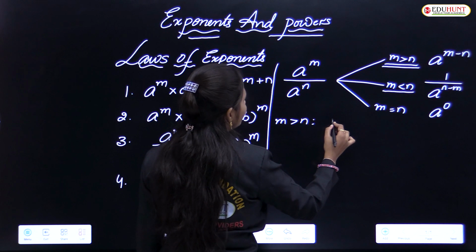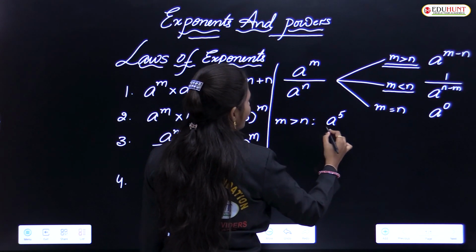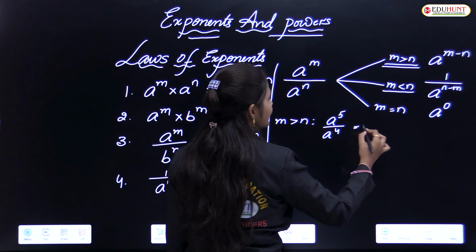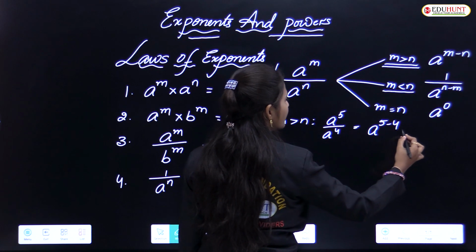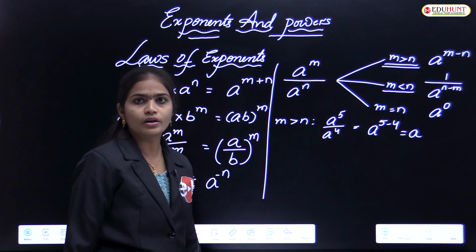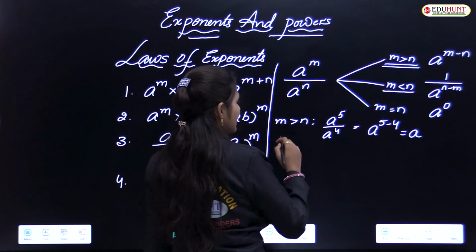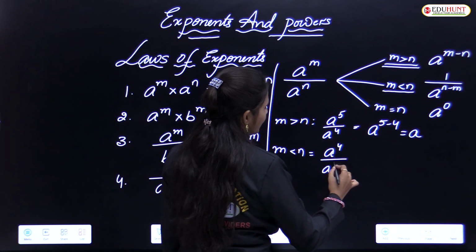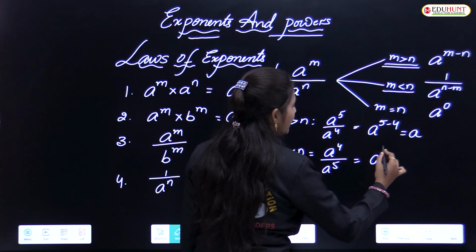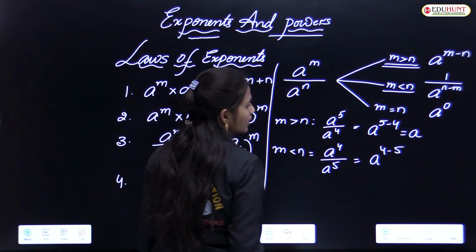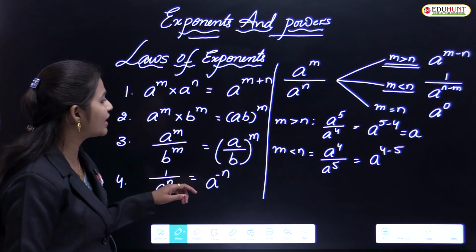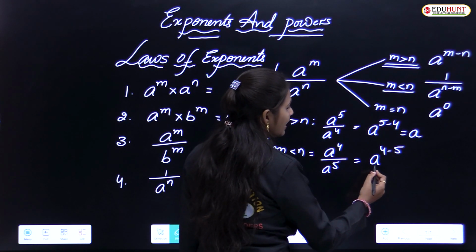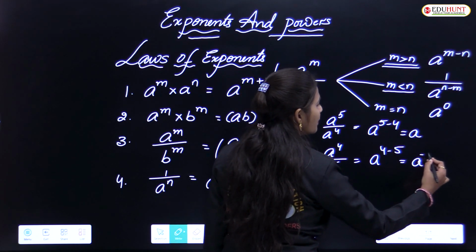Let us take the first one, m greater than n. For example, a power 5 by a power 4. We can write this as a power 5 minus 4, which is equal to a, positive. Next, m is less than n. In reverse, take a power 4 by a power 5, which is equal to a power 4 minus 5. According to the formula a power m by a power n is equal to a power m minus n, a power 4 minus 5 is equal to a power minus 1.